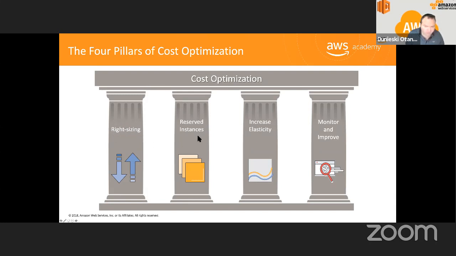When you reserve, you save more. That's one of the pricing policies of AWS: the more you reserve, the less you pay. Increased elasticity is important too to save money. And monitor and improve: monitoring gives you an idea of how healthy your instances are.